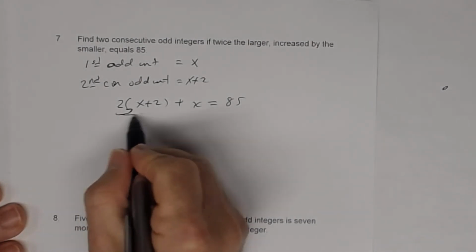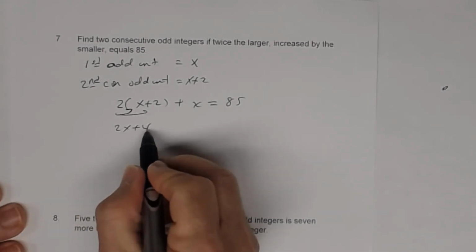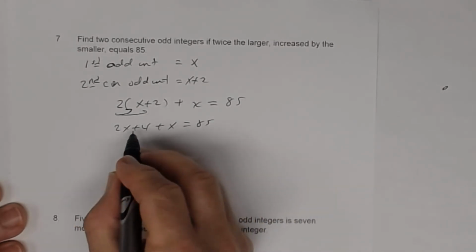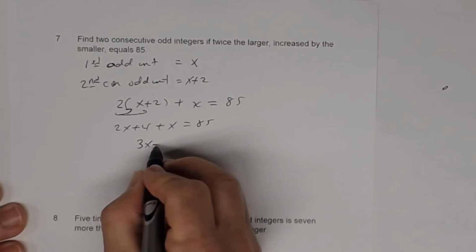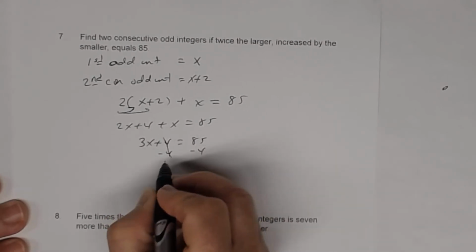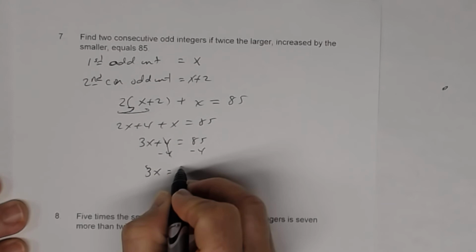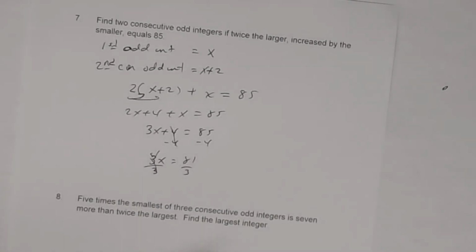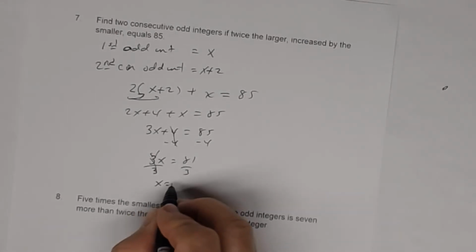Okay, so distributing, I get 2x plus 4 plus x equal 85. Combining like terms, 2x plus x is 3x, so 3x plus 4 equals 85. Subtract 4 from both sides. I get 3x equal 81. Divide both sides by 3. I get 81 divided by 3 is going to give us 27.